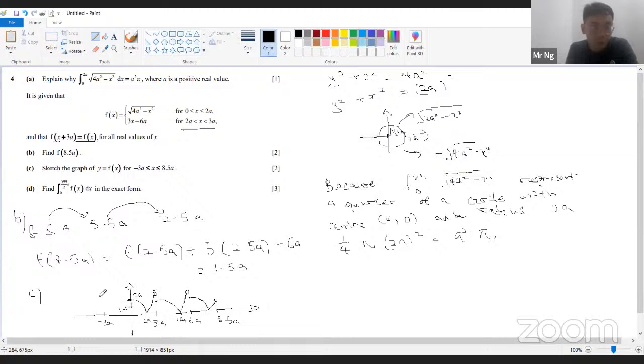And after that, here is like this. So here is minus a. Then go up all the way to here. Okay, so this is the graph.